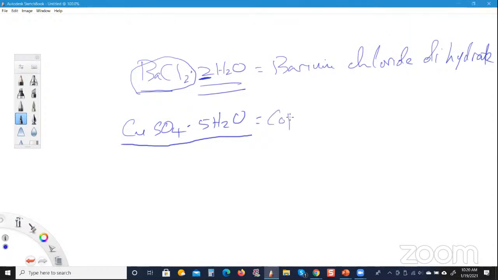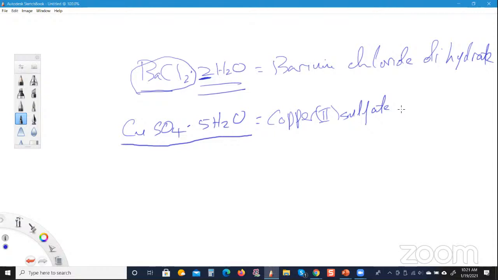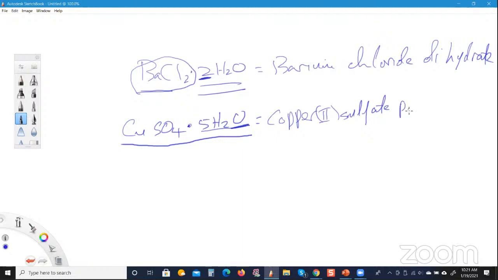Copper 2 sulfate? Copper 2 sulfate. So far, so good. And is that like times water? Well, it's a dot. It doesn't represent times. It's just a dot. So how would you indicate this part in the name? Would it be pentahydrate? Pentahydrate, correct.